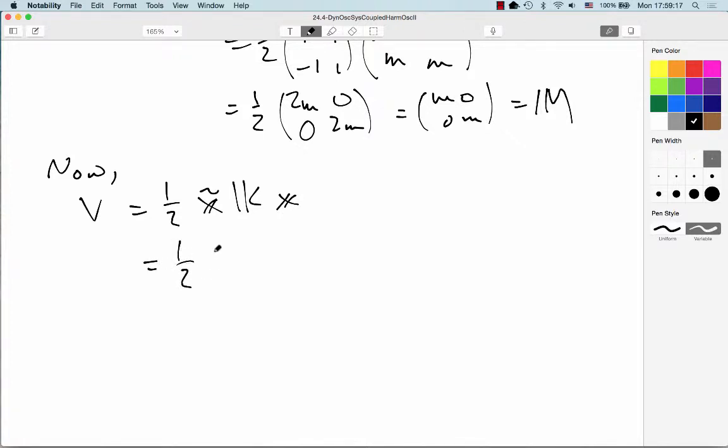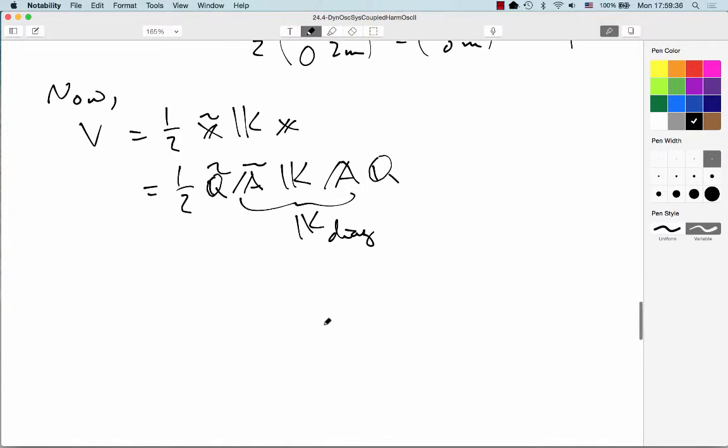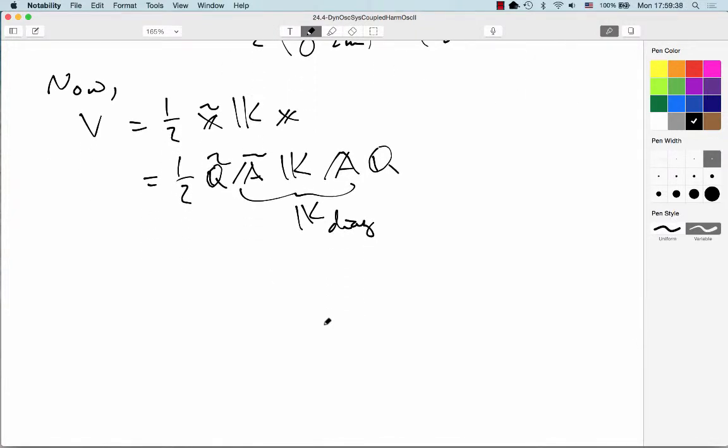So we're going to get 1/2 q twiddle A twiddle K A q. And we'll look at this and call this K diag, like so. All right. So since I'm claiming that's going to be diagonalized, I think it's worth us checking that claim, huh?